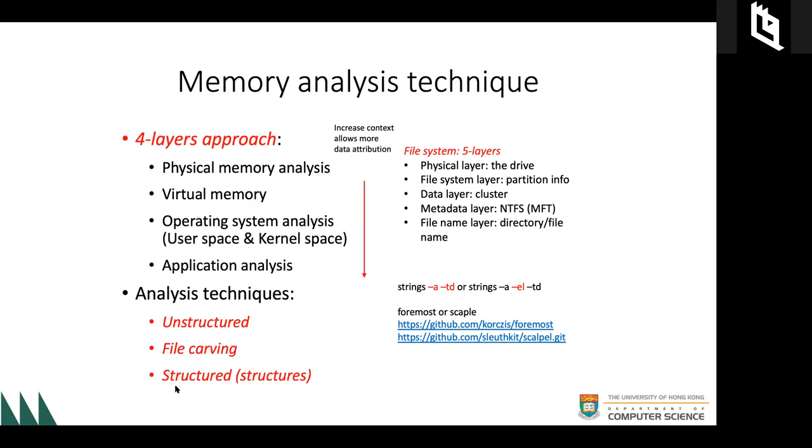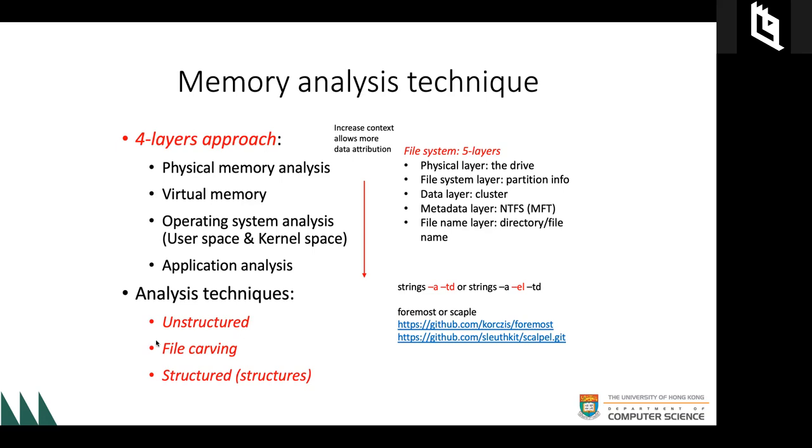And based on this structured way, we may be able to find the exact content of a Windows kernel object, including the flag, the process, the socket, the clipboard data, and the registry.